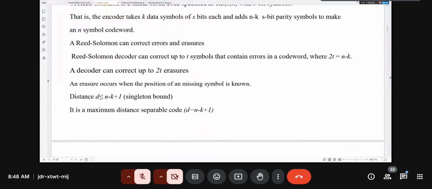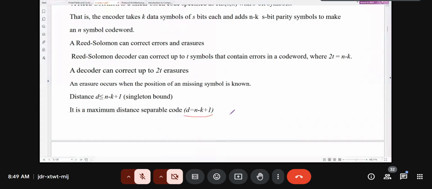So the distance is given by n minus k plus 1, and for Reed-Solomon codes you can get this equality. When d is equal to n minus k plus 1, this is the Singleton bound formula, and when this is equal, you get a maximum distance separable code.